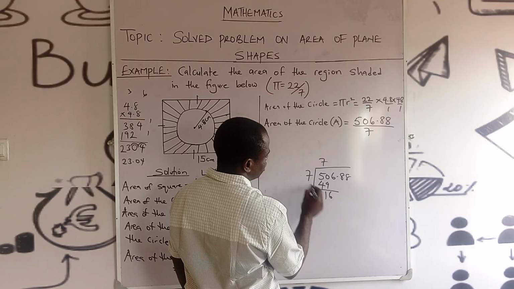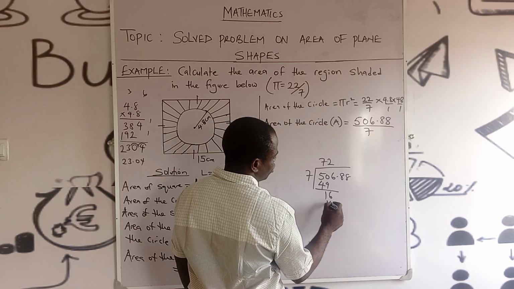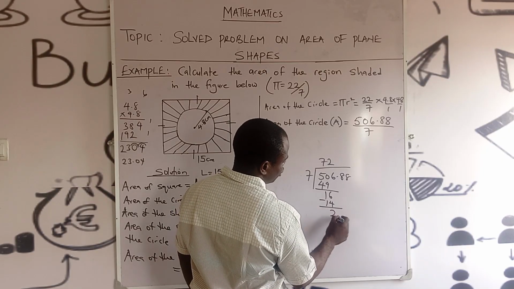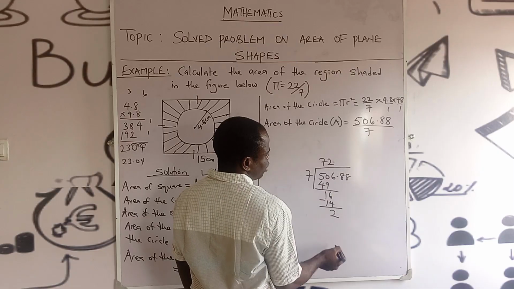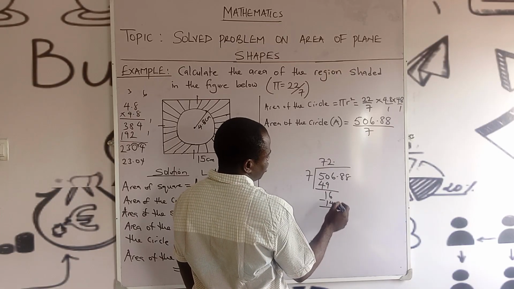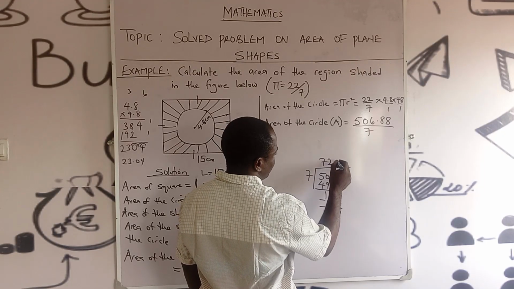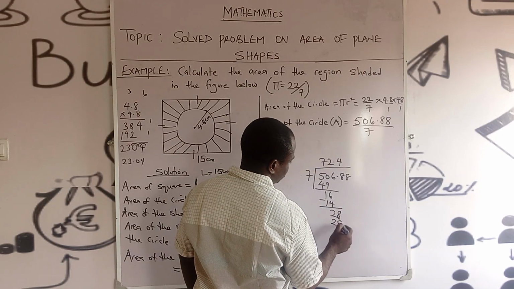Bring 6 down. 7 in 16, that is 2. 7 times 2, 14. When you subtract, you have 2. 7 goes into 2 impossible. Put decimal. Bring 8 down. 7 in 28, that is 4. 7 times 4, that's 28.